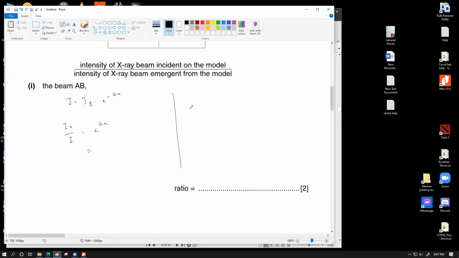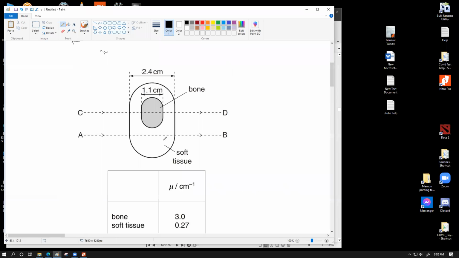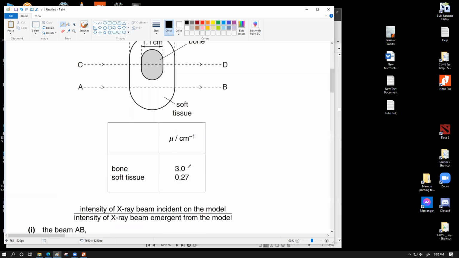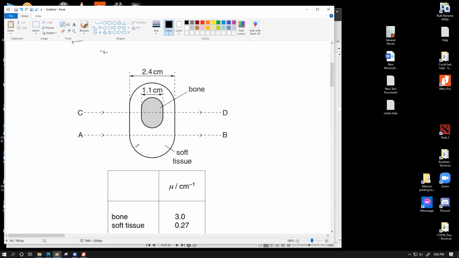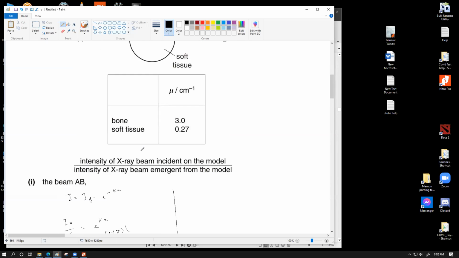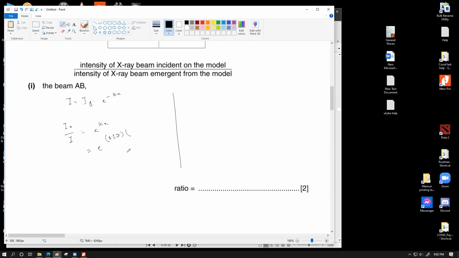For the beam AB, it's actually pretty simple because it is only going through the soft tissue, and the total thickness of the soft tissue is 2.4 centimeter, and the mu is 0.27. So you just place those values over here: e to the power 0.27 into 2.4. Now what value do we get?